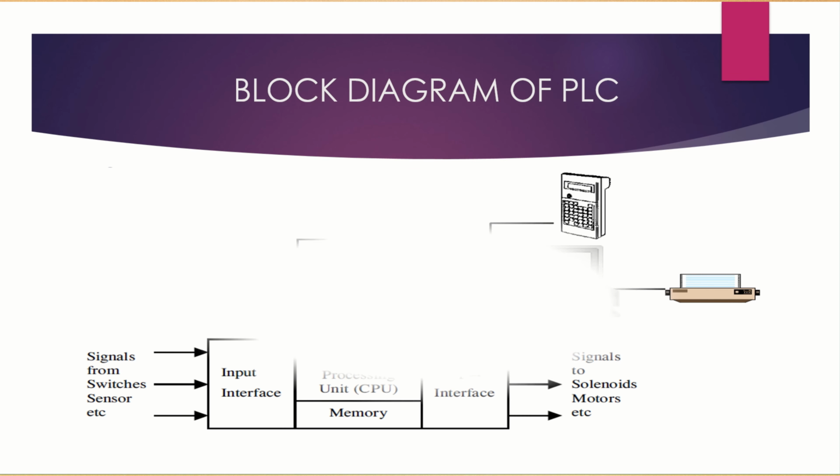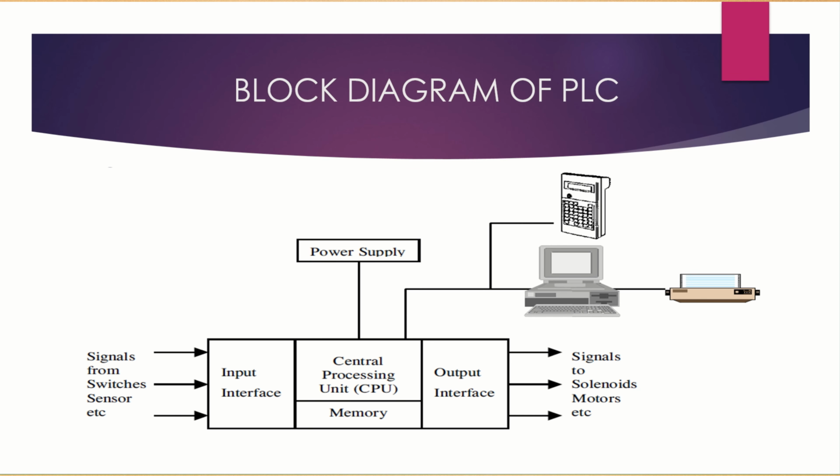Now we have here the block diagram of a programmable logic controller. We have here the signals from the switches, the push buttons, sensors, and etc. going to the input module, and then it will be processed through the CPU, and the output from the output module will go to the output devices such as solenoids, motors, and etc. Now the CPU here is connected to the personal computer or programmer console.